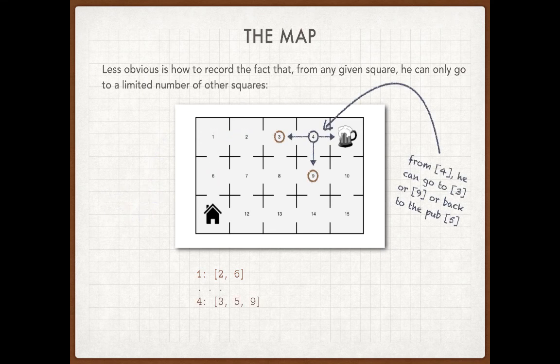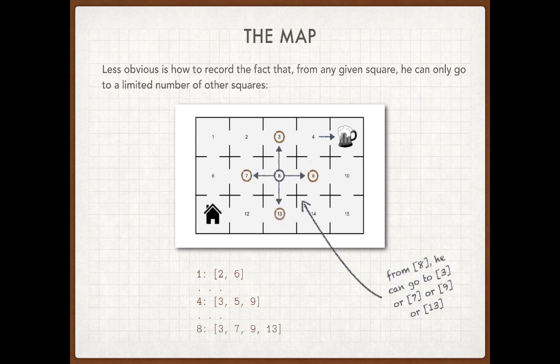Well, let's imagine if he's at, say, 4, he can go to square 3, or he can go back to the pub, which is on square 5, or he can go to square 9. So if I open drawer number 4 in the filing cabinet, I should see the options 3 and 5 and 9. Similarly, the same thing here is a little more complex, right in the middle of everything.